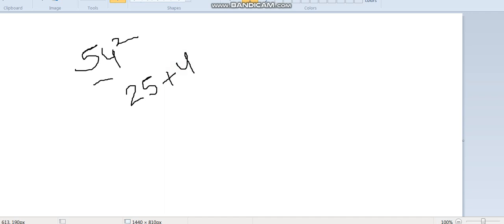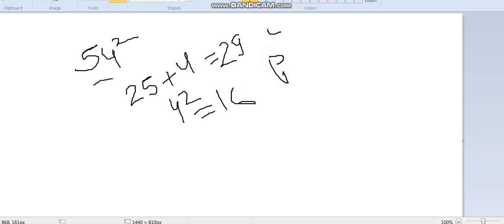So 25 plus 4 is 29, and the square of 4 is 16. This will be the left part, this will be the right part, and you can directly write 2916. See how easily we are finding squares.